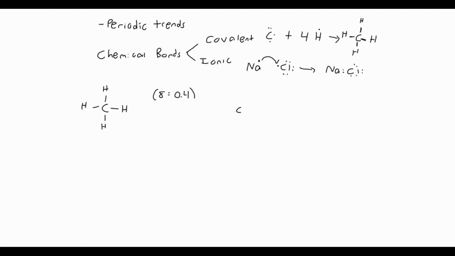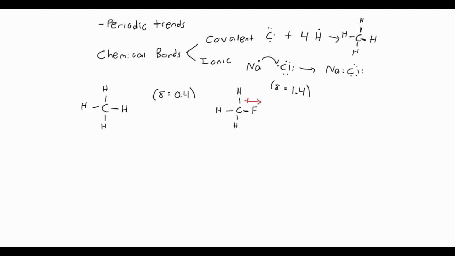But if we replace one of the hydrogens with a much more electronegative element, such as fluorine, the most electronegative element, now delta is now about 1.4. That's because fluorine is so much more electronegative, so it's going to pull the electrons in this bond much closer to itself than to the carbon. So what that creates is a dipole moment.